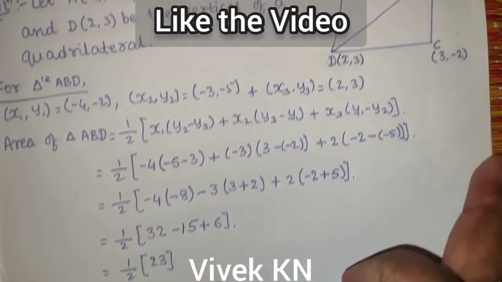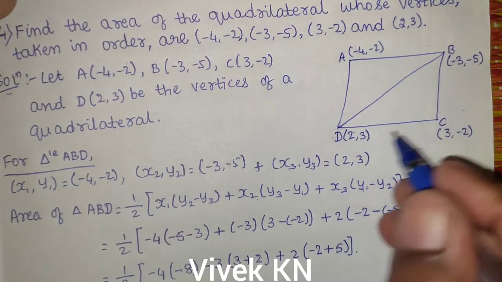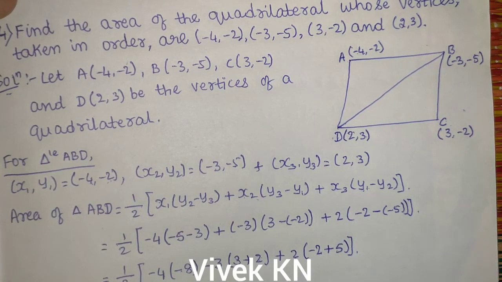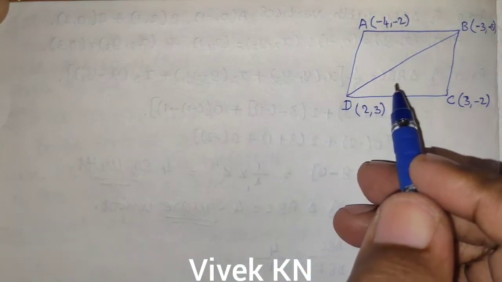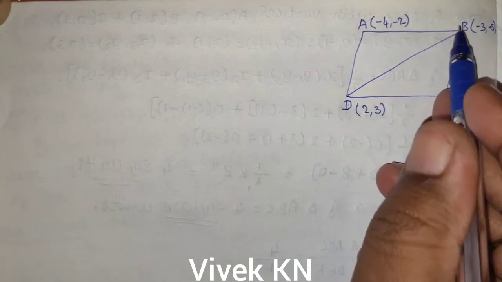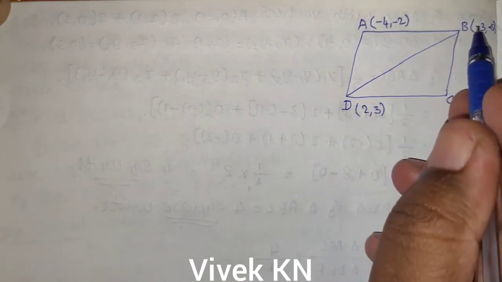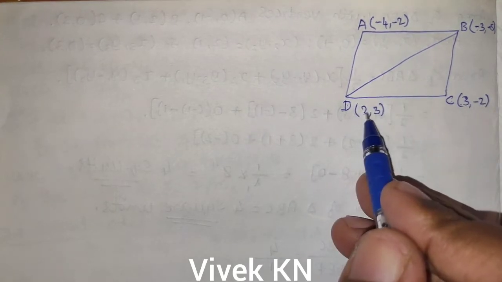Now we have to find the area of another triangle, BCD. Now let us calculate the area of triangle BCD. For triangle BCD, this is x1 y1, this is x2 y2, and this is x3 y3.